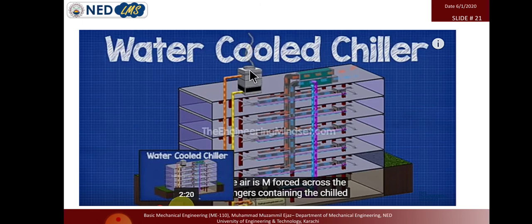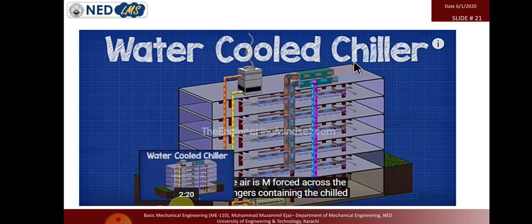It contacts the water, and by this contact, some amount of water is evaporated in the air, and the water gets cooled down. The temperature of this water becomes 35 to a maximum of 40 degrees centigrade. When this 35 degree centigrade water goes to the condenser again, it cools down the condenser.